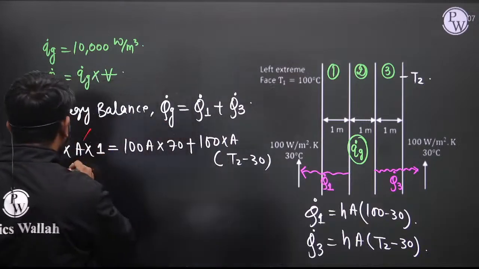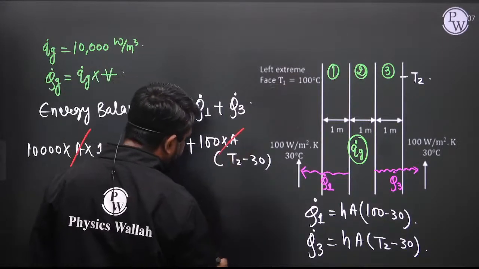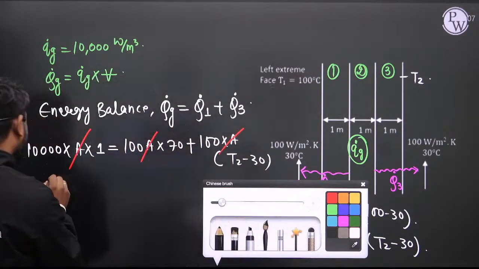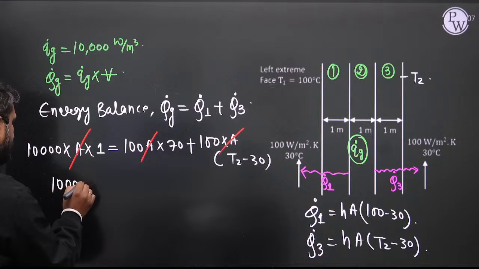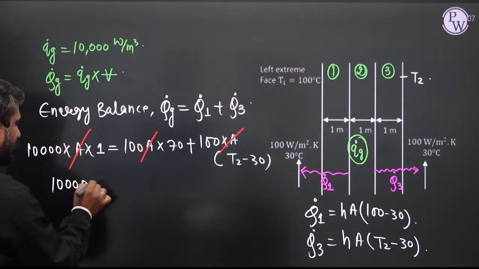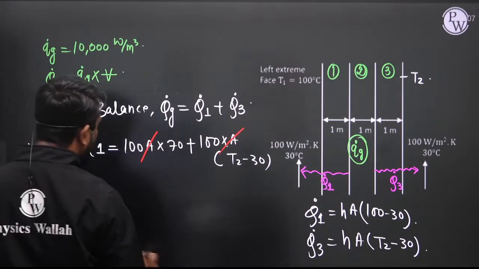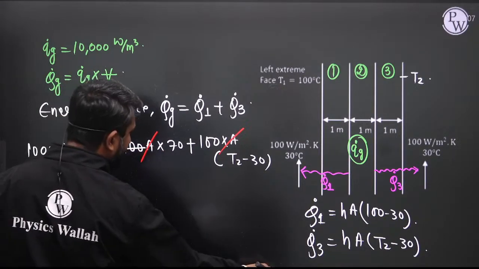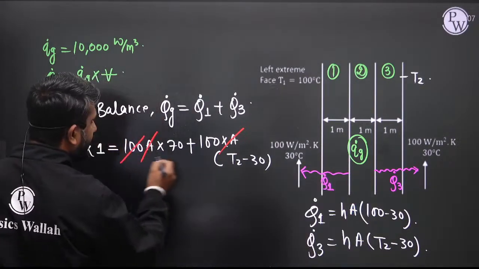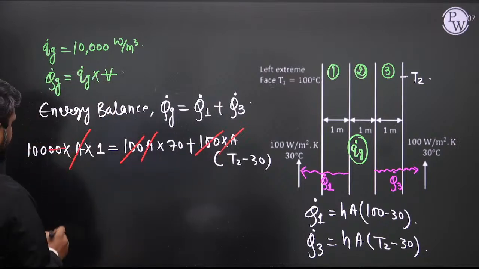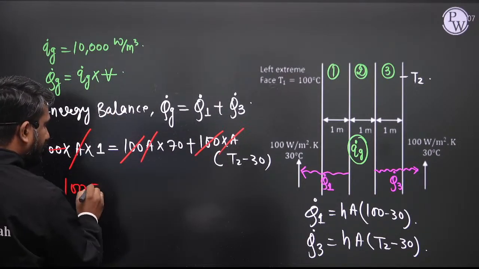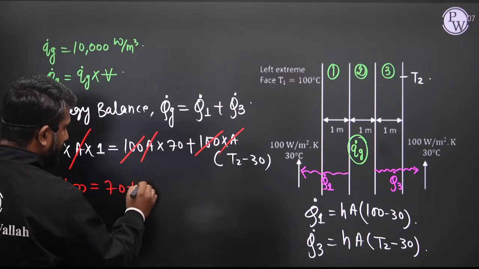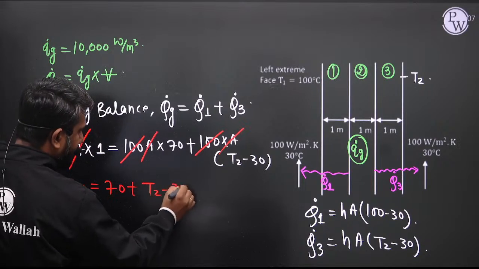A cancels out. This is 10,000, or do one thing, 100 is equal to 70 plus T2 minus 30.